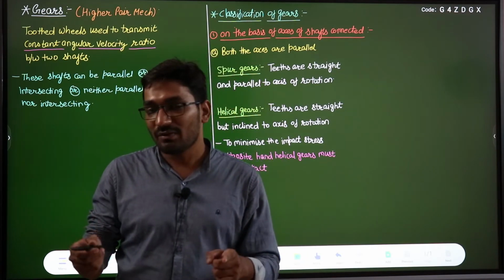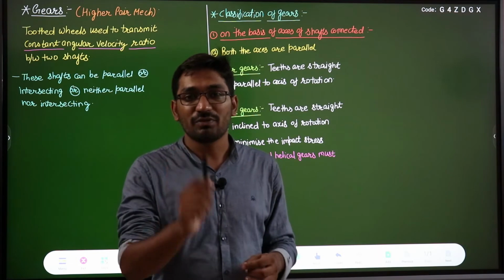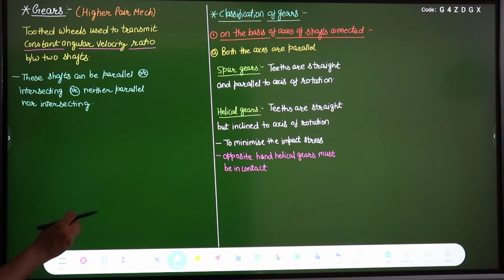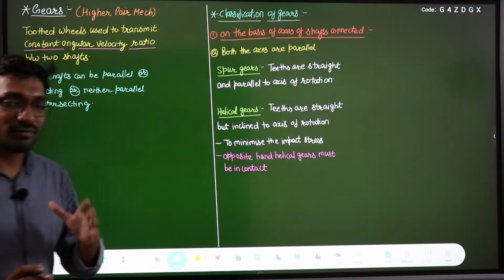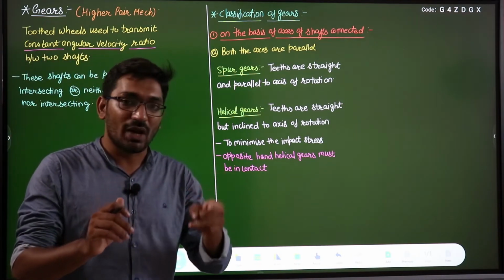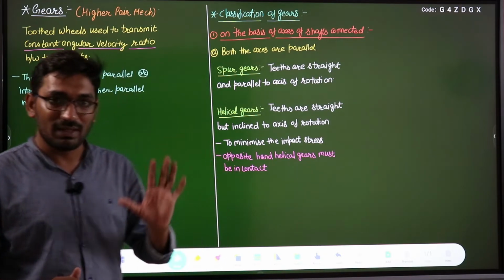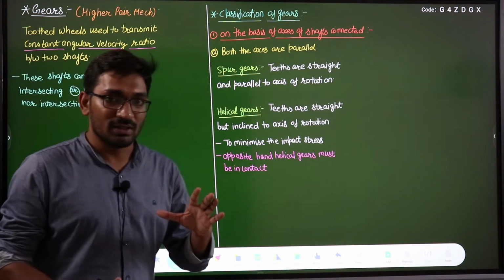The power will be transmitted with the help of gears, the toothed wheels which transmit the constant angular velocity ratio. The angular velocity ratio between these two shafts will always remain constant at each and every instant.